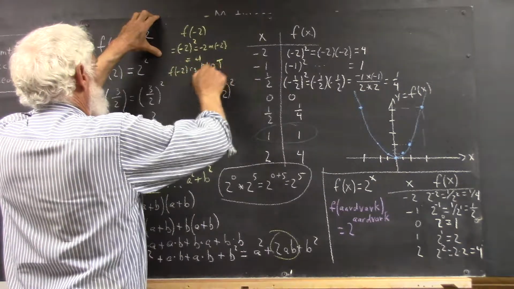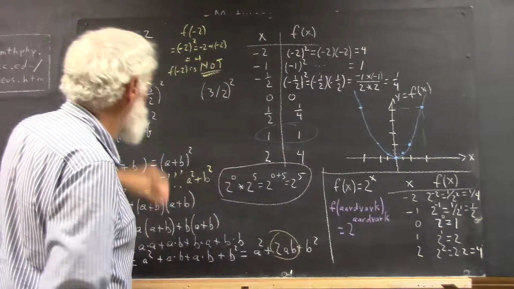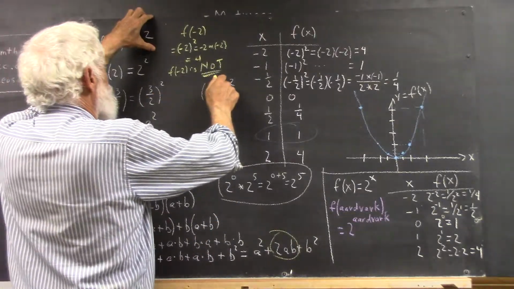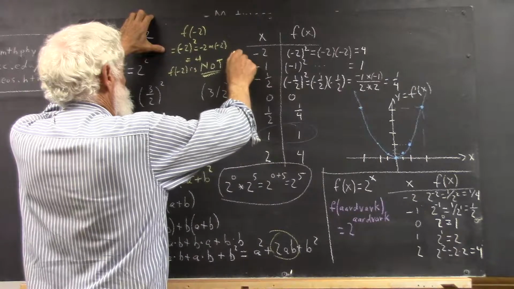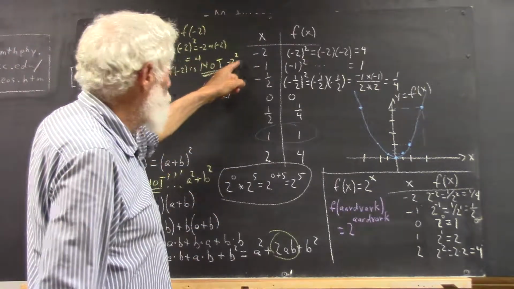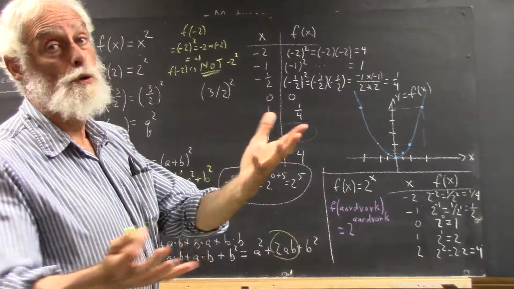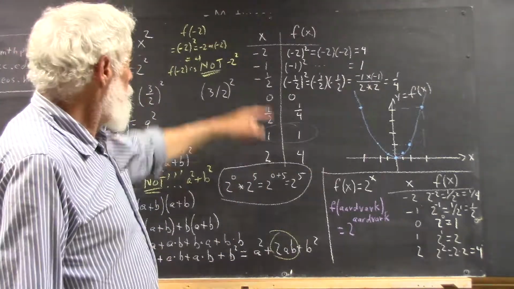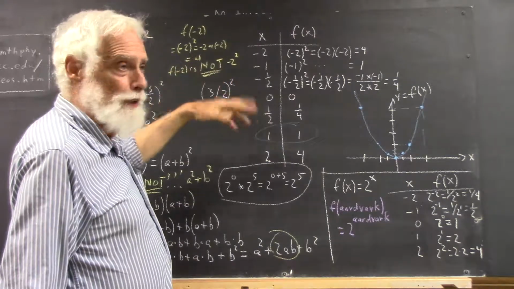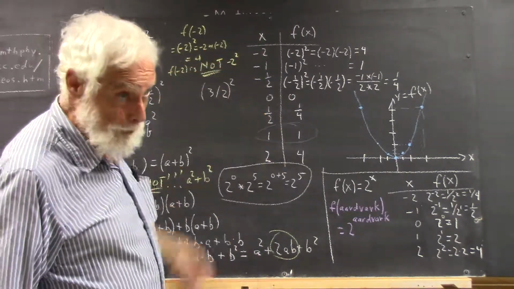Get this in your head right now. You should have this from algebra, but if you didn't get it right now, f of x is not this. If you write -2 squared, by the order of operations you do the exponent before anything. The exponent applies to the 2, not to the negative. A negative sign is like multiplication by -1.